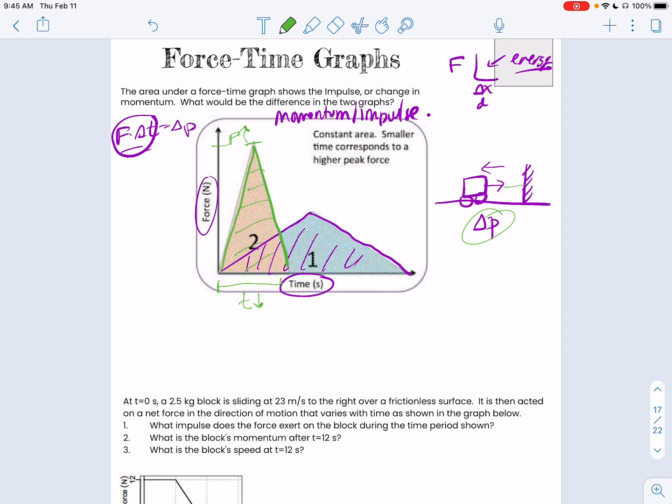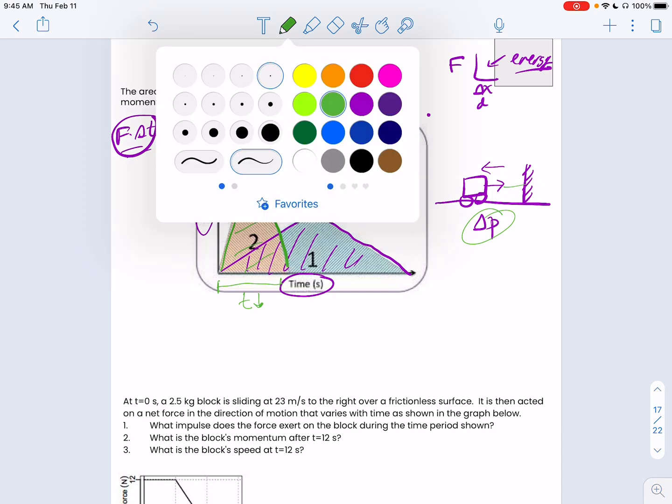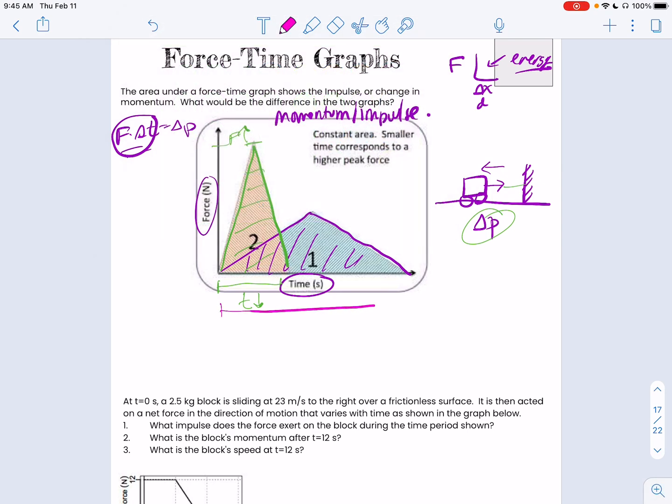In situation 1, what I'm able to do is increase that time, so the force is going to be less. So this might be some kind of a hoop or a bumper, like the flexible hoop things we have at school, that compresses and makes the time it's contacting the wall longer.